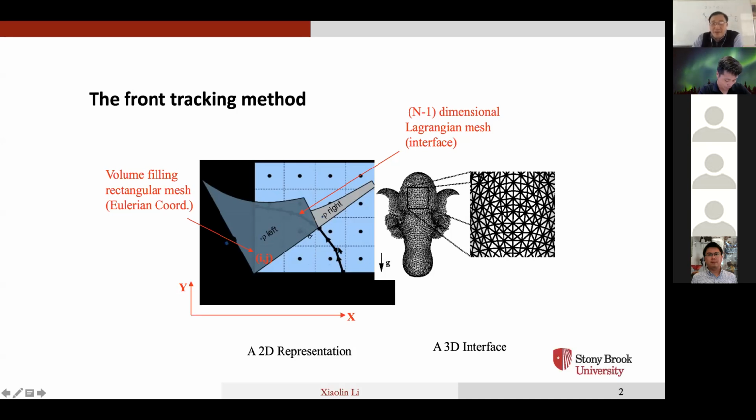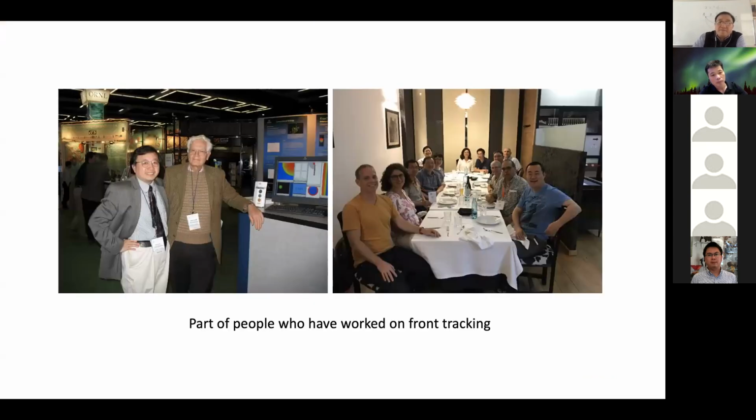It is, however, the resolution of the fluid interface, particularly if you have bifurcations of the interface. Since I joined as a postdoc in the group at Courant Institute, I had worked on this front tracking method for many years, and this is the group of the front tracking.